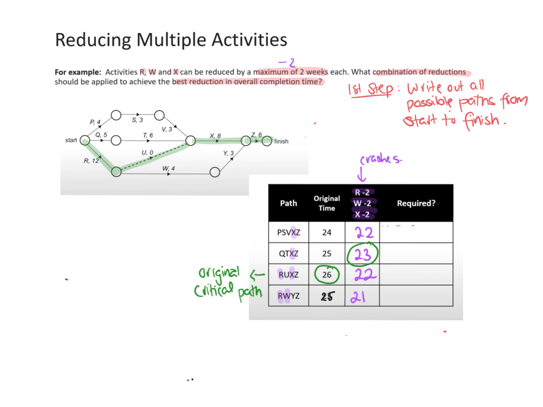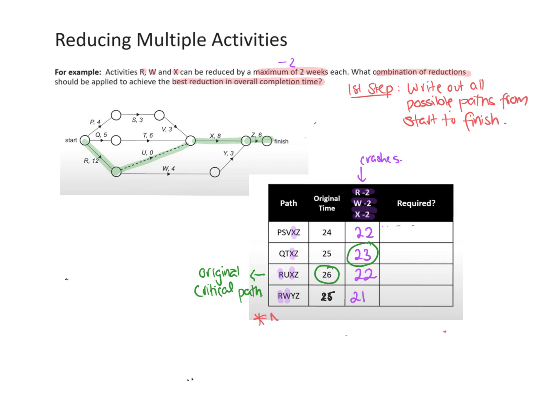All right, so what you need to do, now you know that the critical path is 23, you need to look at what needs to be done to the original paths to get them to 23, because now that's what our new crashing time is. So we'll just write that as a note.